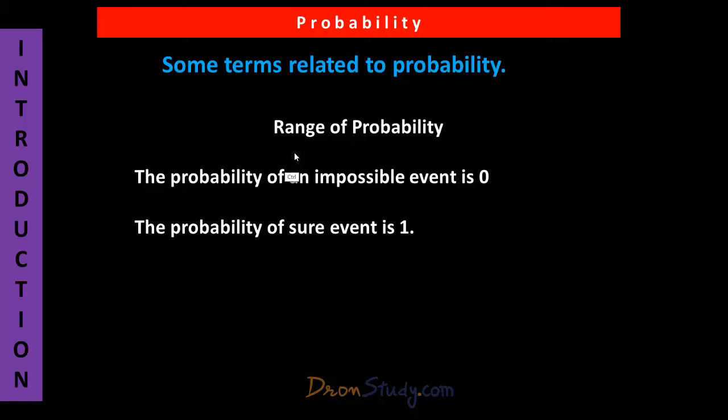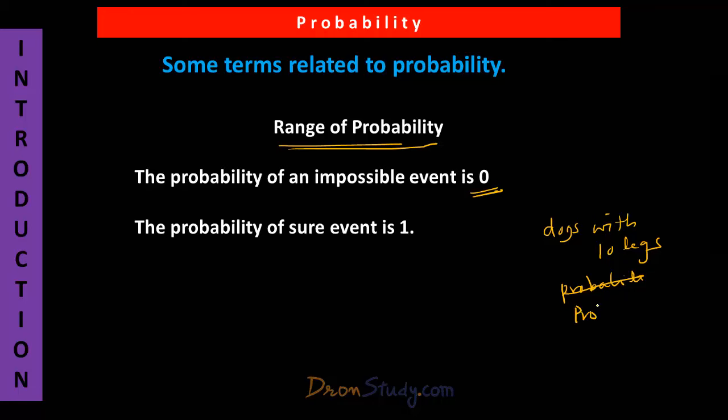Now the range of the probability. The probability of an impossible event is 0. Dogs with 10 legs: the probability is equal to 0 because this is not possible.